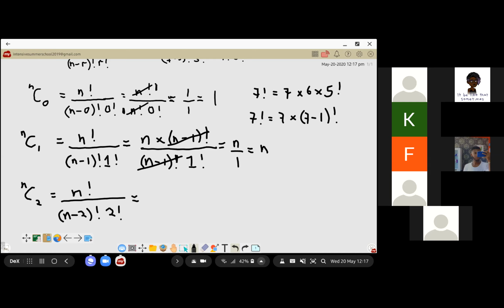Yes. So what will it be? n times (n minus 1) times (n minus 2) factorial. Good. All over (n minus 2) factorial times 2 factorial.